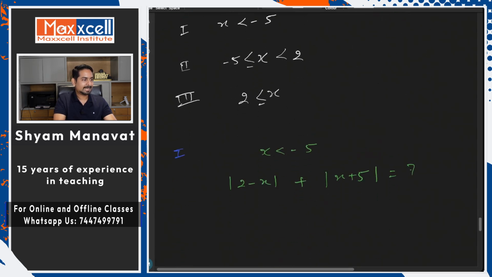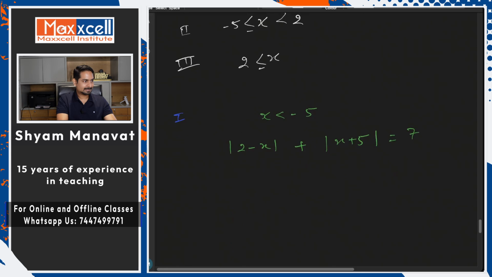Now we understand x is less than minus 5, so how will you decide negative or positive? Take any value of x less than minus 5, let's say minus 6. For the term 2 minus x, if I substitute x equal to minus 6, will I get a positive or a negative number?